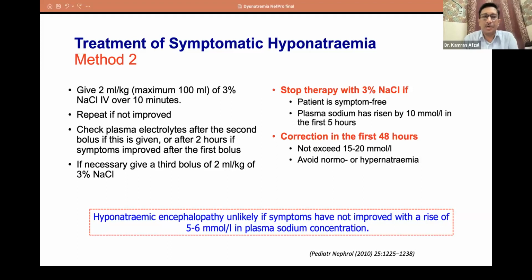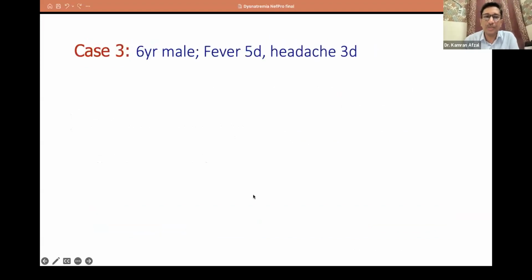In that case, if the patient is seizing, you can give 2 ml per kg over 10 minutes 2 or 3 times. And if you have documented a rise in the plasma sodium concentration by 5 to 6 millimoles per liter, and still the patient continues to be symptomatic, then hyponatremia per se cannot be responsible for this encephalopathy, and you should look for other reasons.